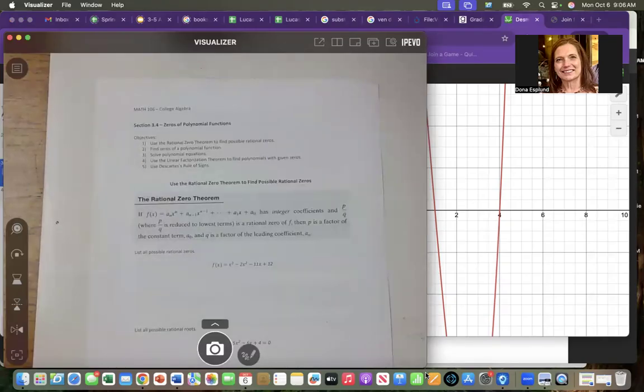So as x goes really big, if the leading coefficient was positive, then y was going to get really big. If x is going to be really small, then y was going to be really small. So it was the opposite of each other.